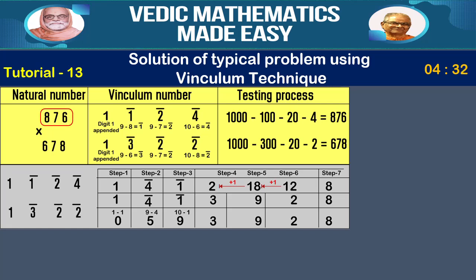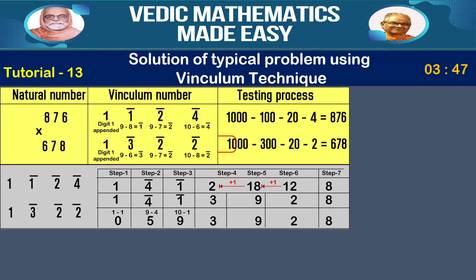We get 876 is equal to 1, 1 bar, 2 bar and 4 bar, and 678 is equal to 1, 3 bar, 2 bar and 2 bar. But by testing the converted results, we get 1000 minus 100 minus 20 minus 4 is equal to 876, or simply 1000 minus 124 is equal to 876.